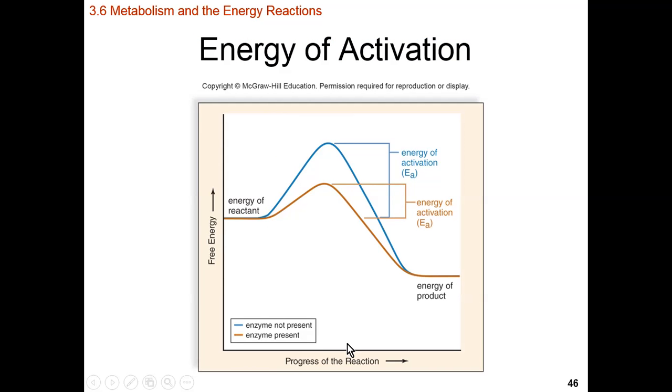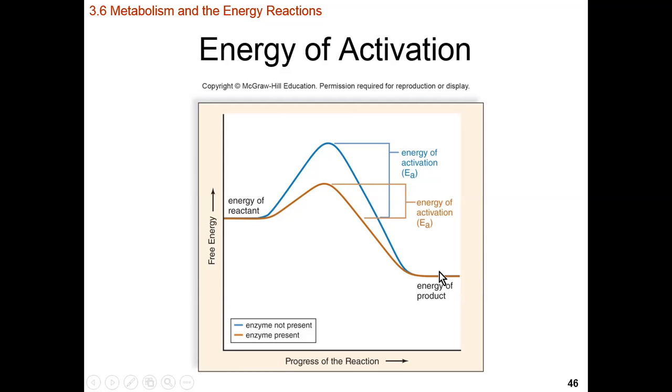If we look at the energy of activation for an enzyme, on the y-axis of this graph we have the amount of energy required, and then we have time, or the progress of reaction. Here on the left side we have the reactant, the unreacted substrate or reactant. Here at the other end we have the energy of the product. So the chemicals going in always have the same amount of energy.